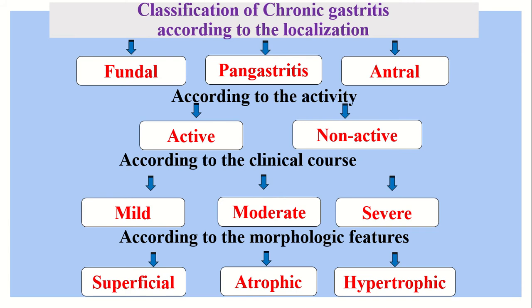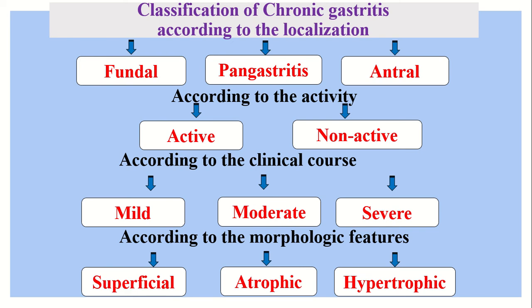Here you see other classifications of chronic gastritis. First, according to the localization: fundal, pangastritis, antral gastritis. According to the activity: active gastritis, or chronic active gastritis, and chronic non-active gastritis.